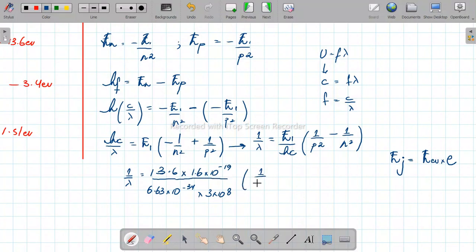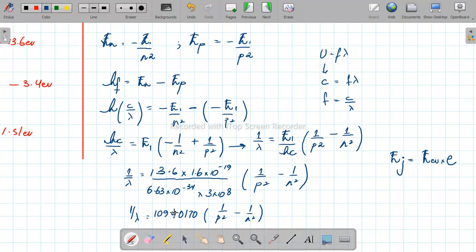And this factor 1 over p square minus 1 over n square right here. This is going to give you 6.83 exponent 25, but multiplying it with this number will give you 10940170, and then this 1 over p square minus 1 over n square as it is.